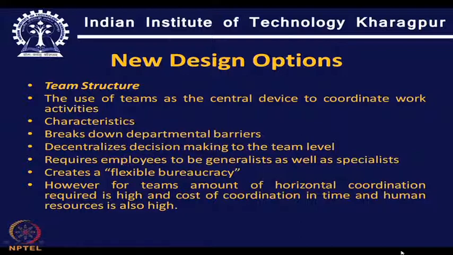However, for teams the amount of horizontal coordination required is high, and the cost of coordination in time and human resources is also high. This is one of the disadvantages of team structure: you spend a lot of time in coordination, and it is very costly, because you have to get the appropriate human resources, they have to like each other, the mental bonding has to be formed, and they have to be trained in how to form a proper team.